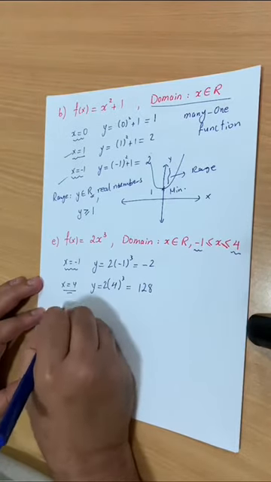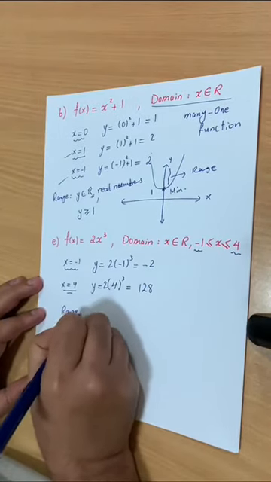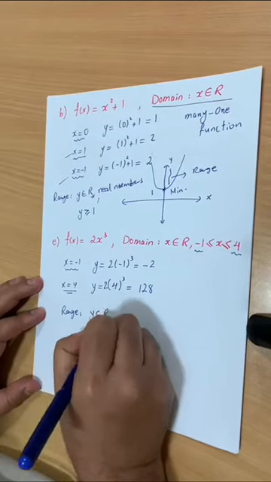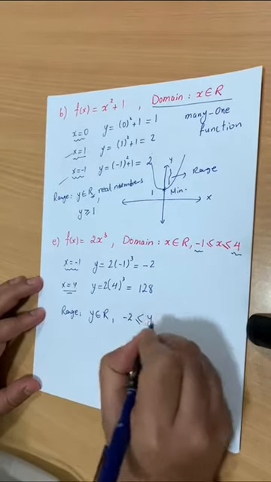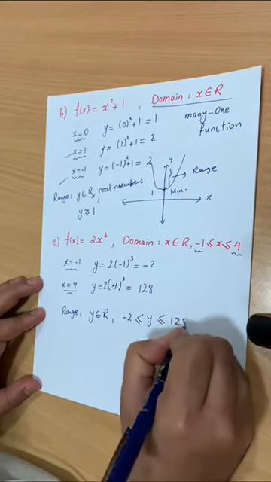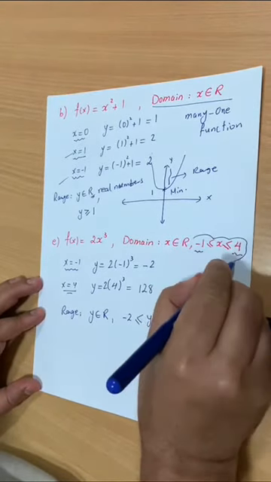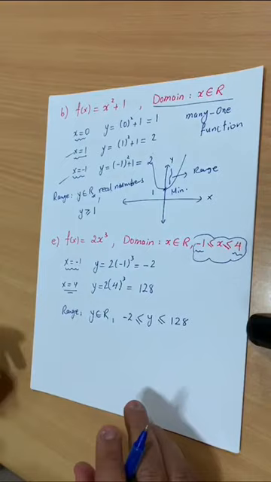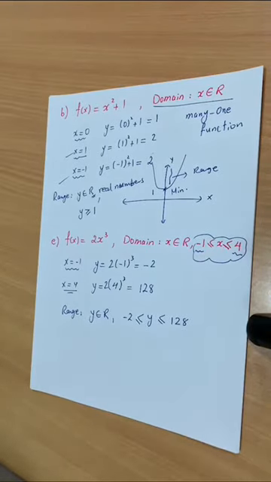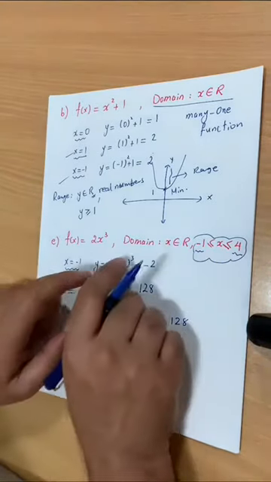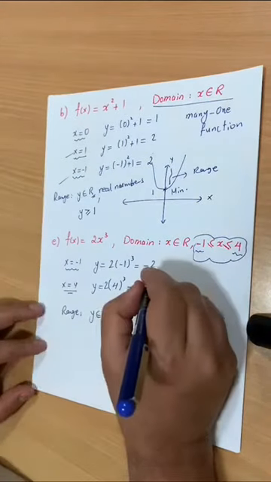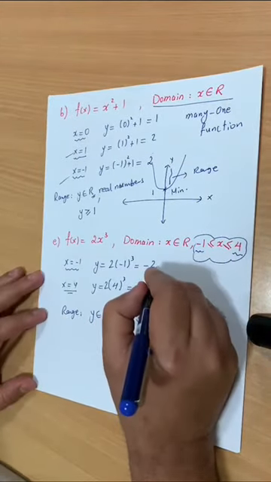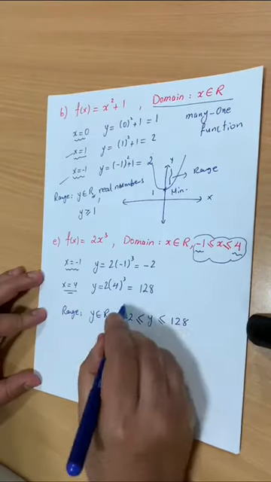So you're supposed to write that range y belongs to R and y between -2 and 128. I know this is the domain, but I mean between only these two values, -1 to 4, the corresponding values of y are from -2 to 128.